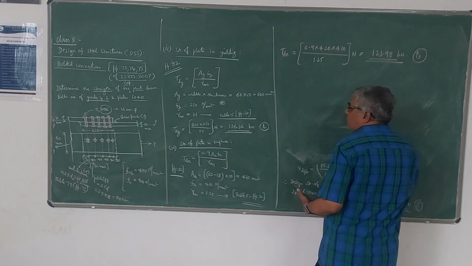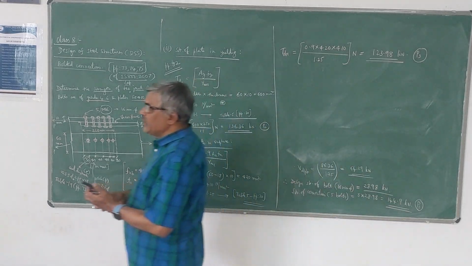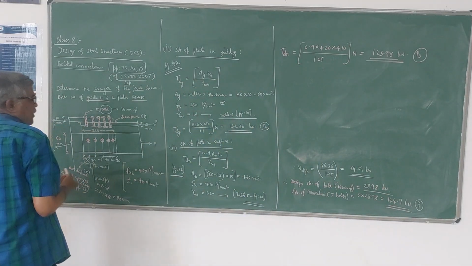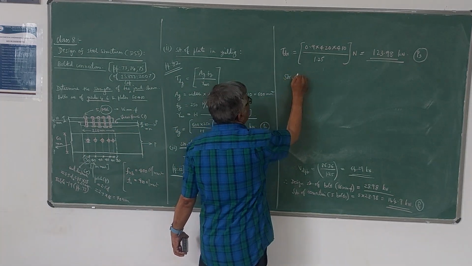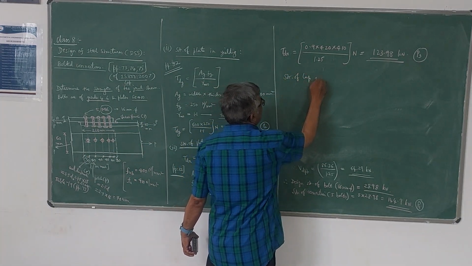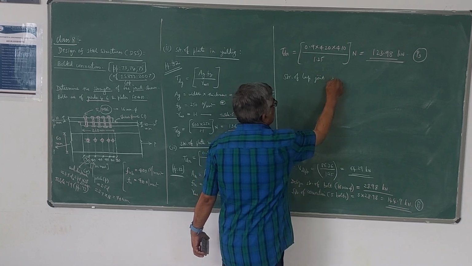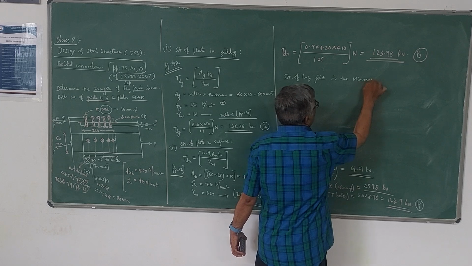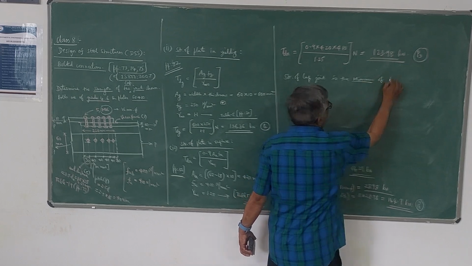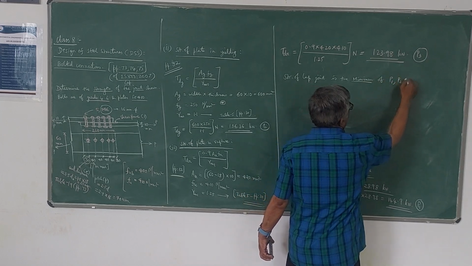Now therefore, as already told, the strength of the lap joint is the least of P1, P2, P3. So strength of lap joint is the minimum of P1, P2, P3.